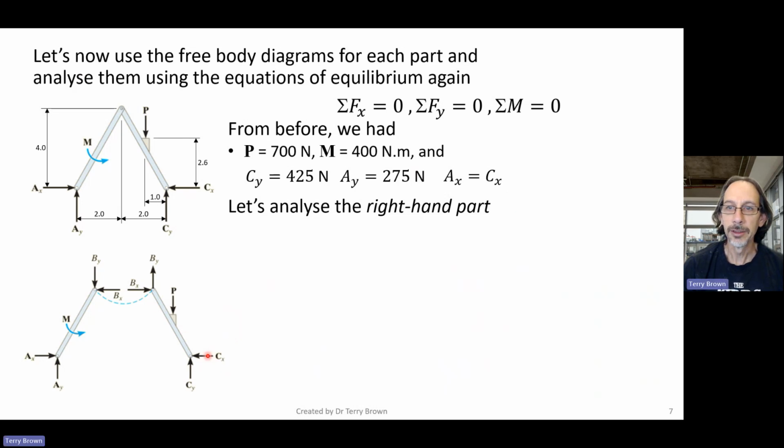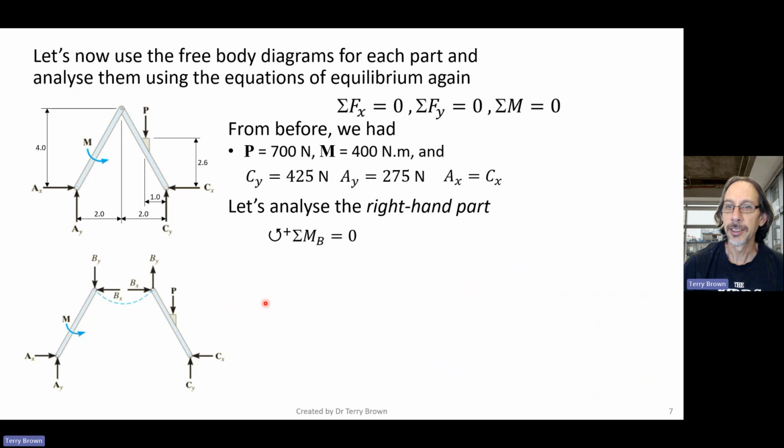But now if you look at it, we've got 1, 2, 3 unknowns. So Cx, By, and Bx are our 3 unknowns on this rigid body. P we know, that's our applied load. C we know because we worked it out from the rigid body equilibrium of the whole frame. 3 equations, 3 unknowns, we should be able to solve.